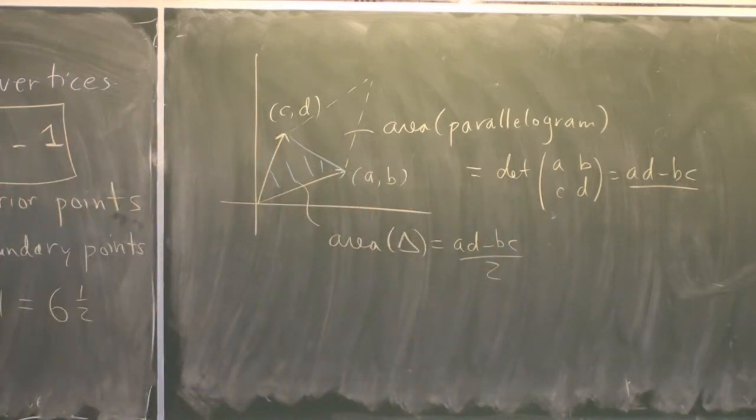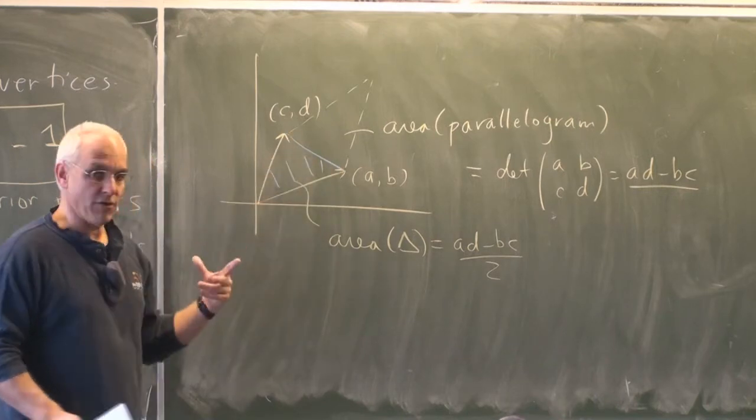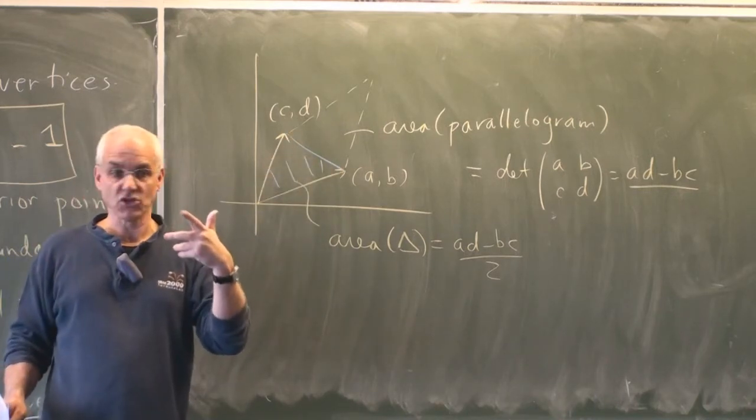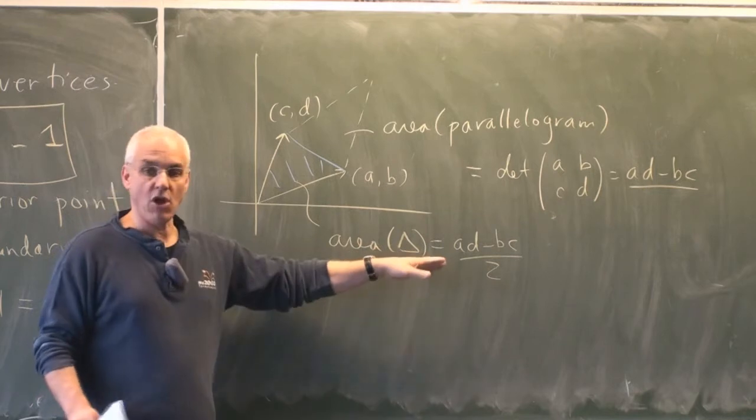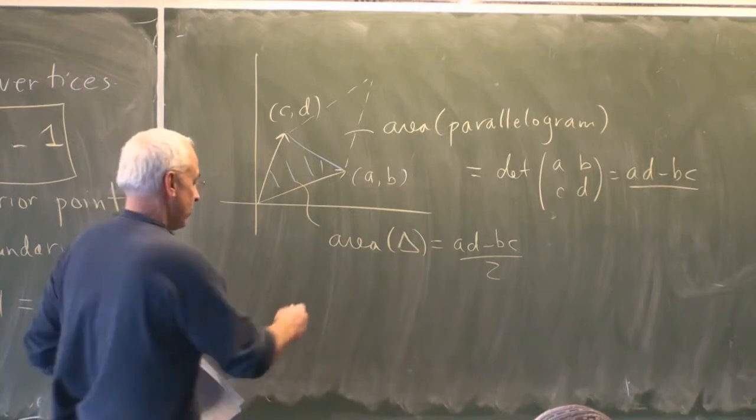This being a determinant, it's actually a signed quantity. It could actually be negative if the orientation of the two vectors is the other way around. But in particular, if you have a triangle made out of integer points with integer coordinates, this number is always either an integer or a half integer.